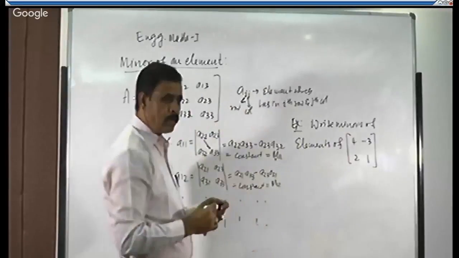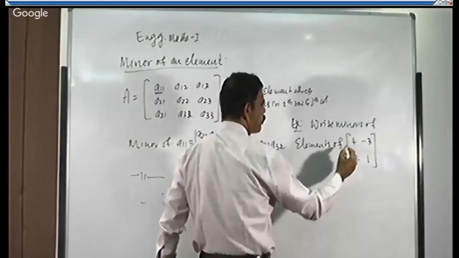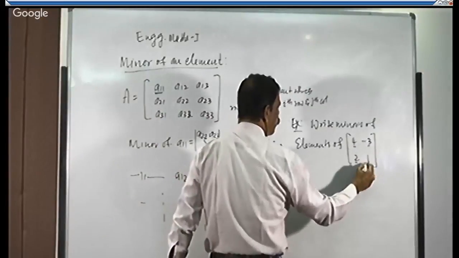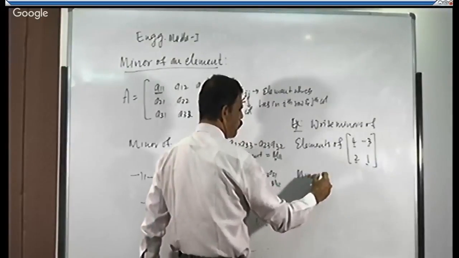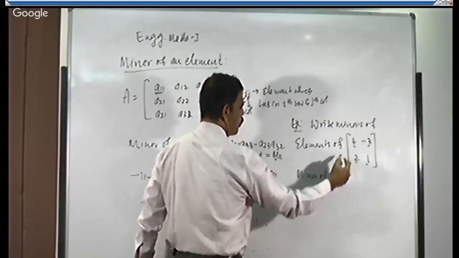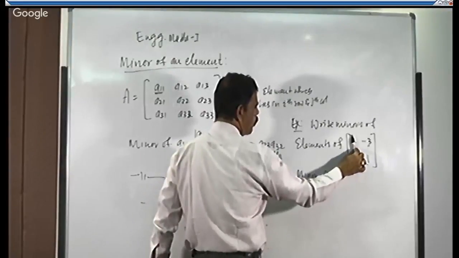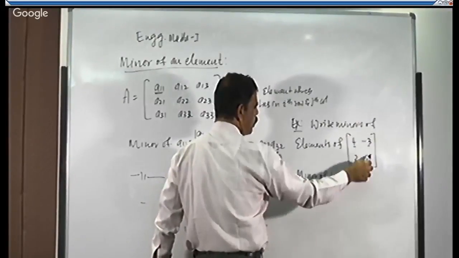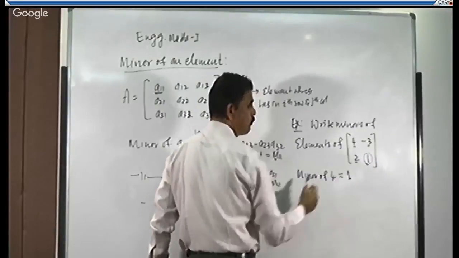I have taken a second order, 2 cross 2 square matrix. For each element I can write the minor. Minor of 4: leave the corresponding column and row of 4. The remaining element is 1. So the minor of 4 is equal to 1.